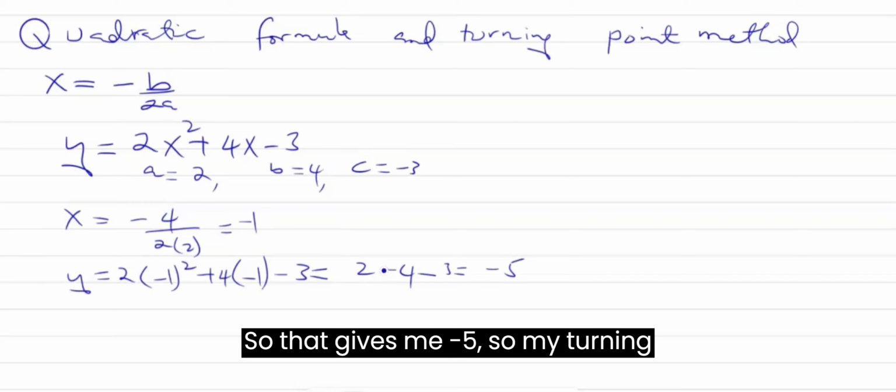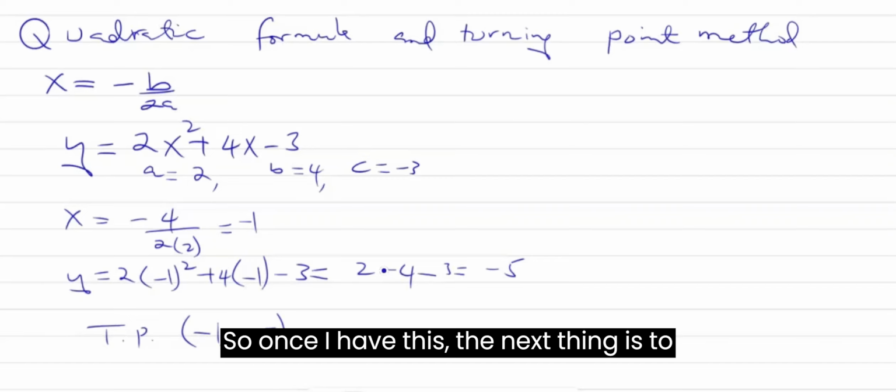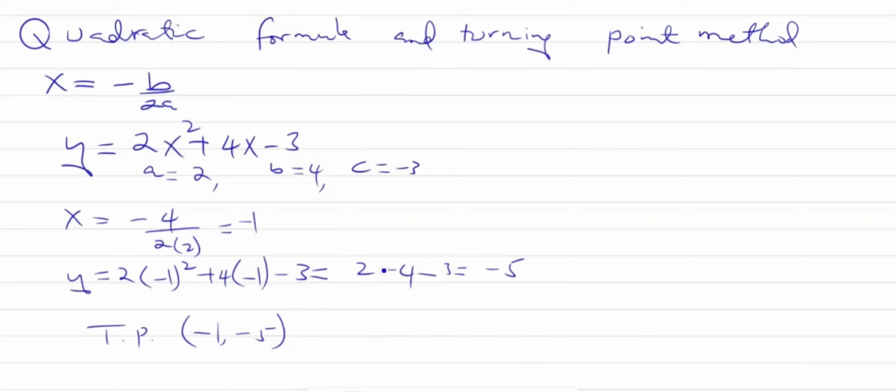So that gives me negative 5. So my turning point coordinates are negative 1 and negative 5. So once I have those, the next thing is to find the x-intercept and the y-intercept.